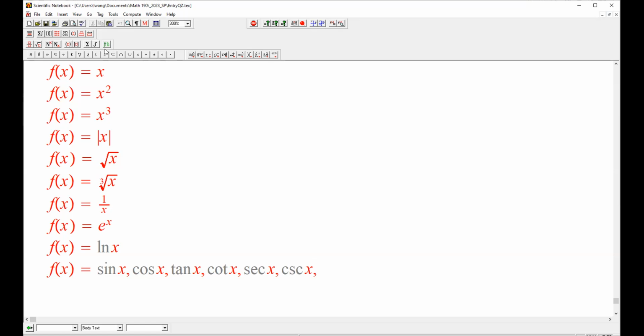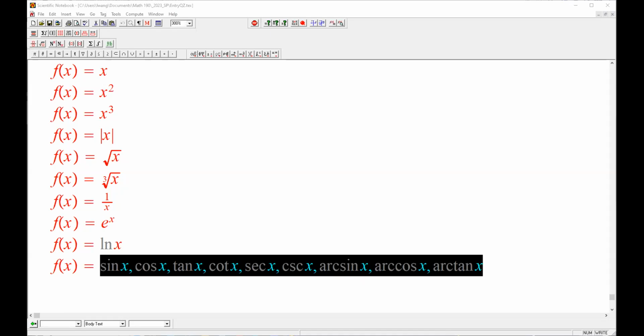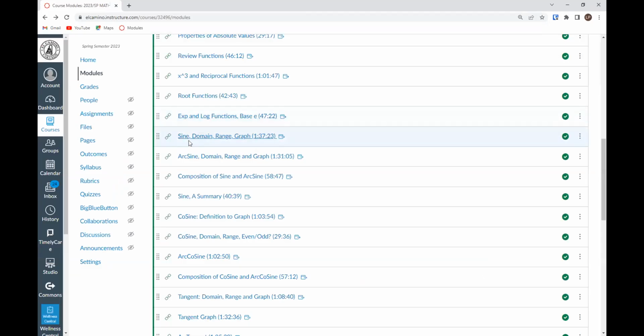Arcsine, arccosine, arctan. These functions are reviewed in these lessons.